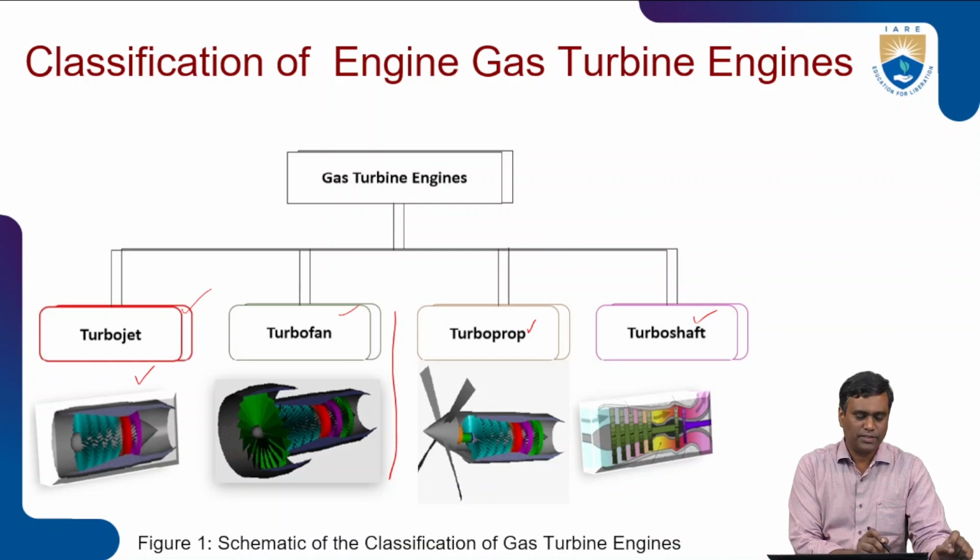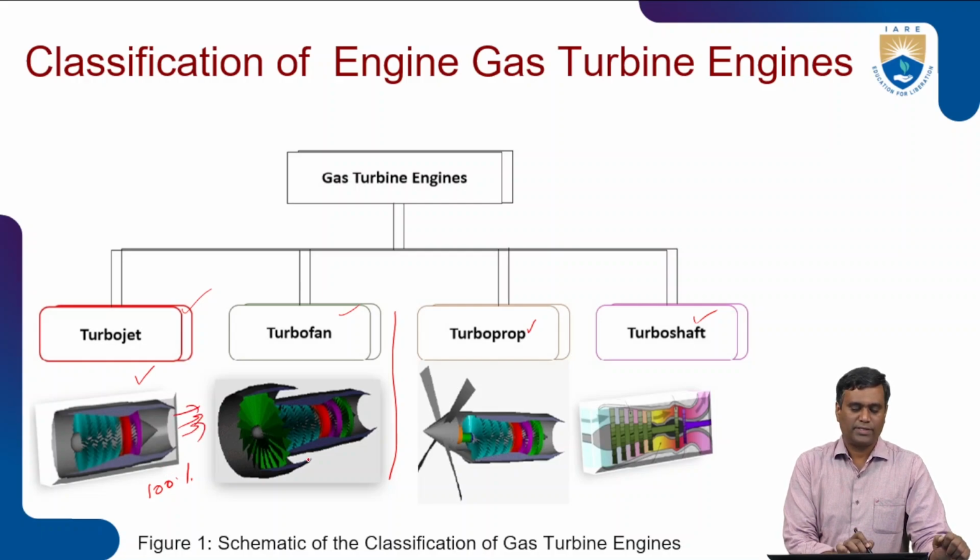Also, in a turbojet, 100% of thrust is generated by the jet exhaust, whereas in a turbofan, 80% of thrust is generated by bypass air and approximately 20% of thrust is generated by the jet.